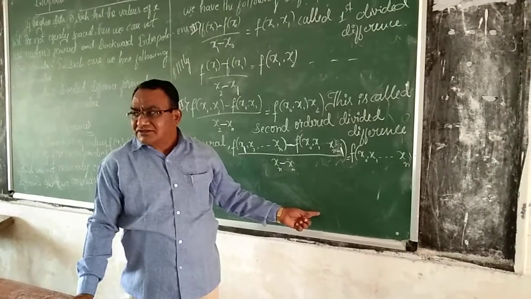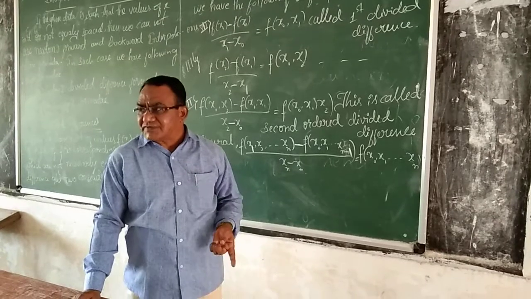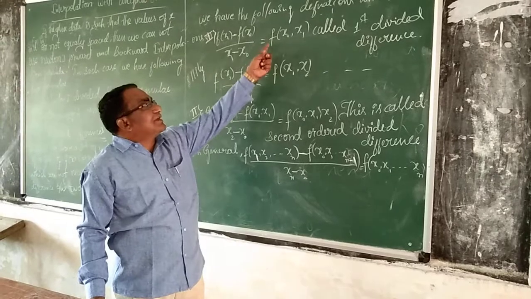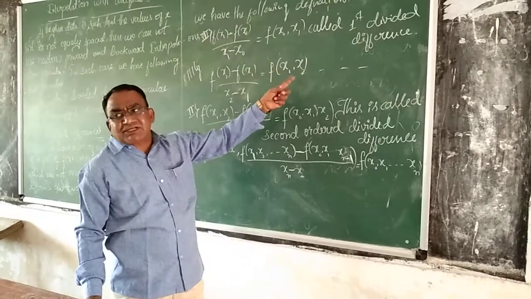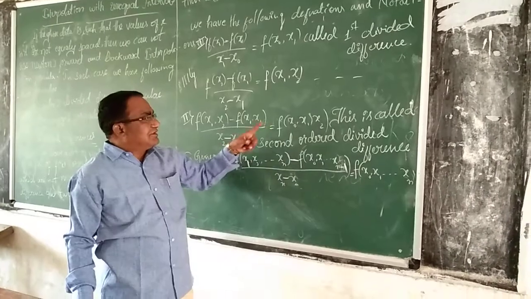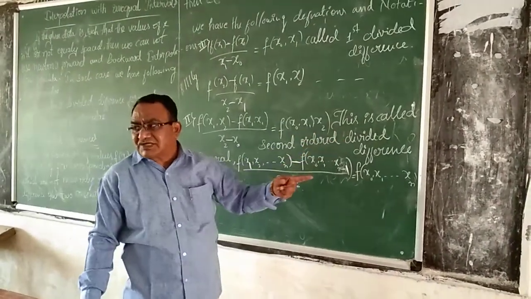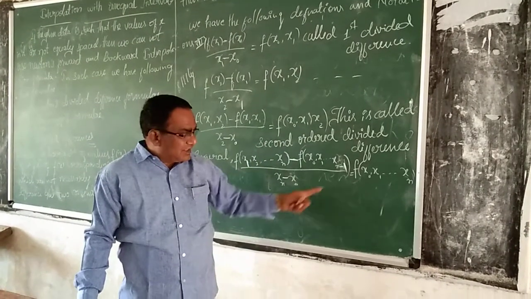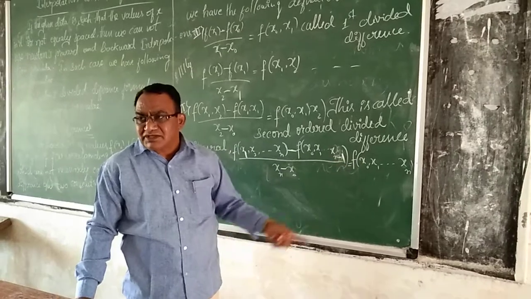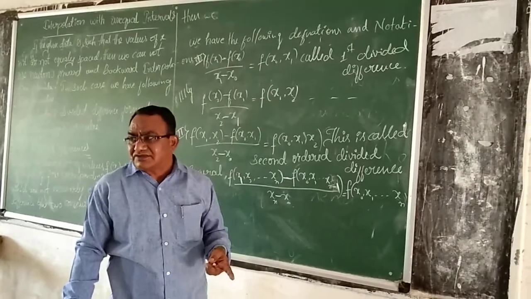This is called the nth order divided difference. These are the notations. f of x0, x1 and f of x1, x2 are the first order divided differences, whereas f of x0, x1, x2 is called the second order divided difference, and f of x0, x1 and so on up to xn is called nth order divided difference.